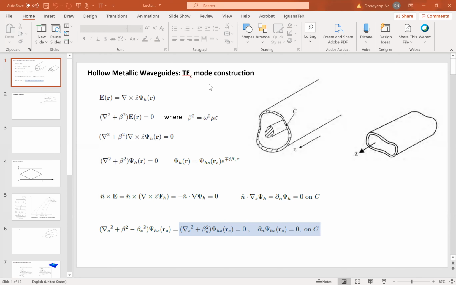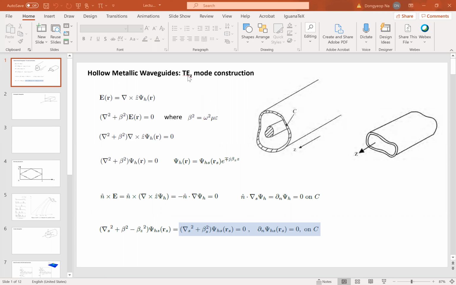In this lecture, I'm going to focus on describing TEz mode, which means transverse electric to z. z means propagating in the z direction. At the end of the last lecture, we studied how to construct the solution of this TE mode.